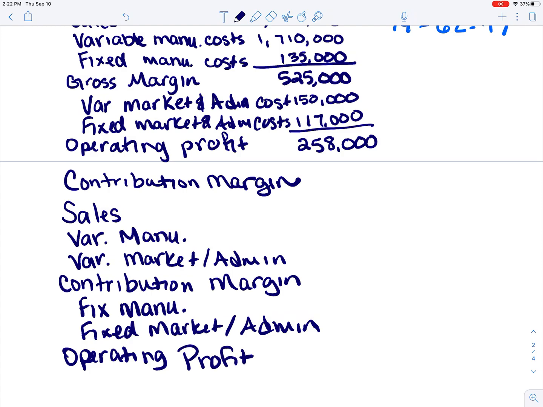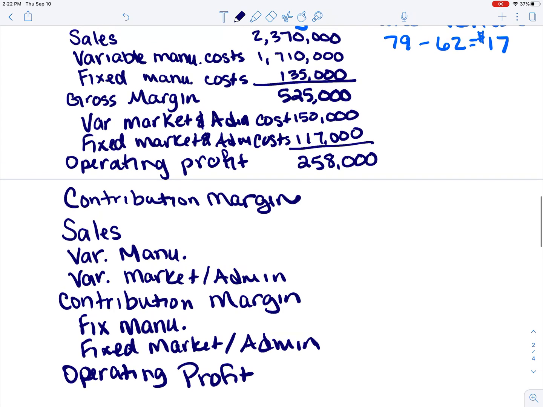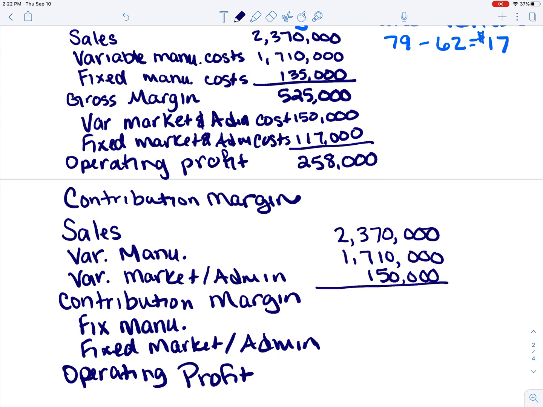So let's look and see how this looks different. Our sales are not going to be any different, 2,370,000. Our variable manufacturing cost, the amount is not different. We just pulled that in. But now we're bringing in the variable marketing cost into the top section, which was 150,000. Sales minus all of our variable cost is going to give us our contribution margin.